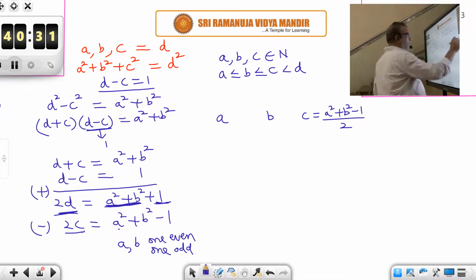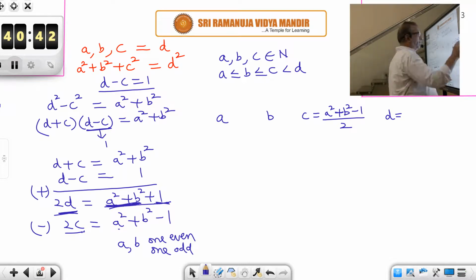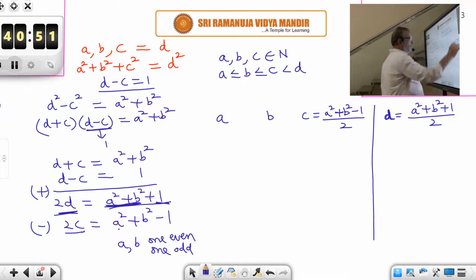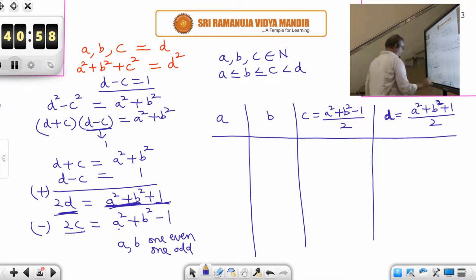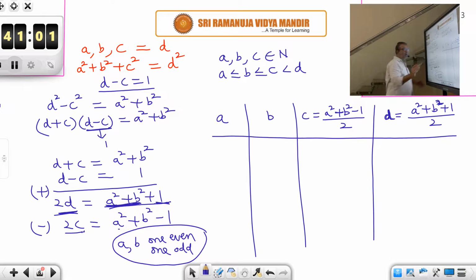What about d? 2d is a square plus b square plus 1, so d is (a square plus b square plus 1) by 2. Okay, so we have got this. Remember that out of a and b, one must be even, one must be odd.